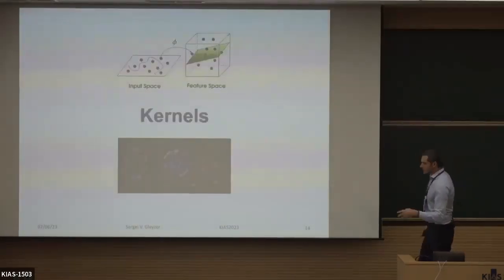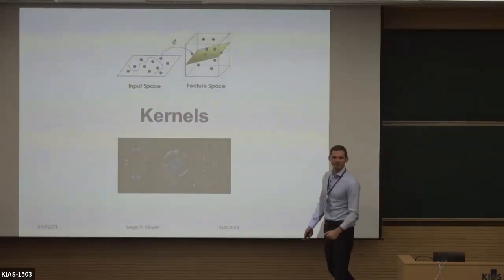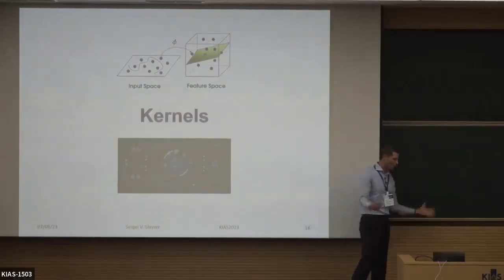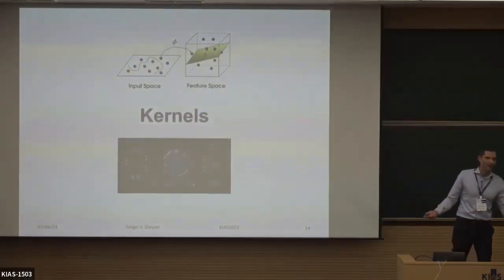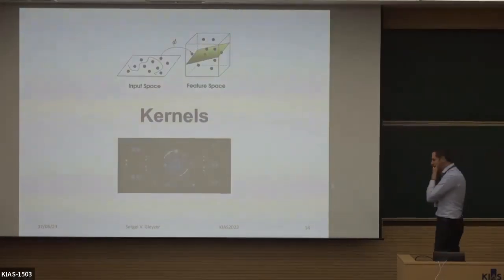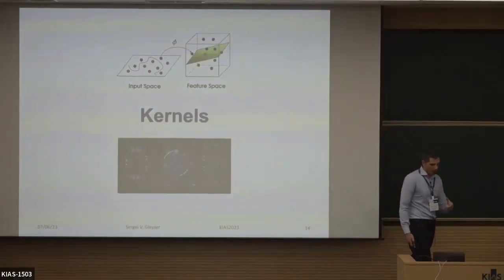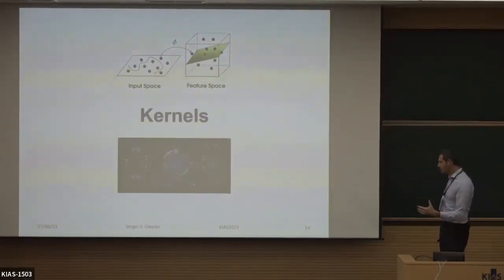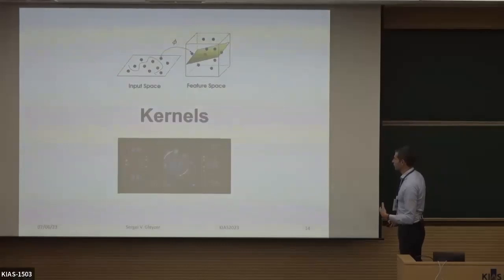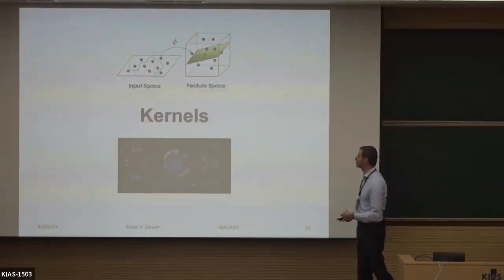Now, let's talk about kernels. You heard in yesterday's colloquium, this is an important area of study in both classical and also quantum machine learning. So let's talk about why that is. This also has a little bit of a historical perspective of how the quantum machine learning field evolved.